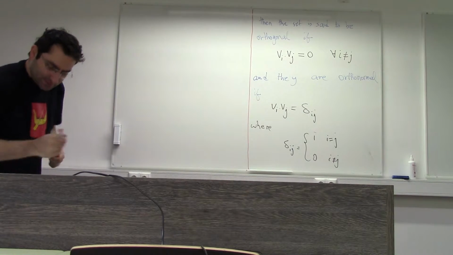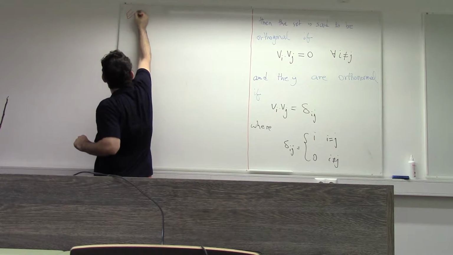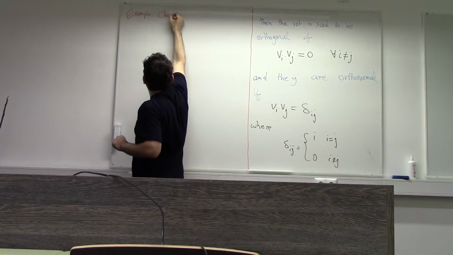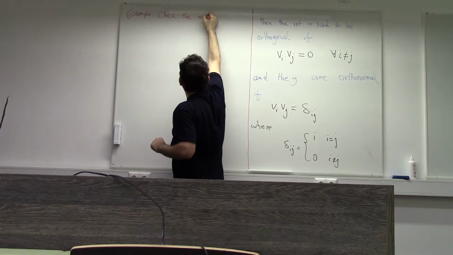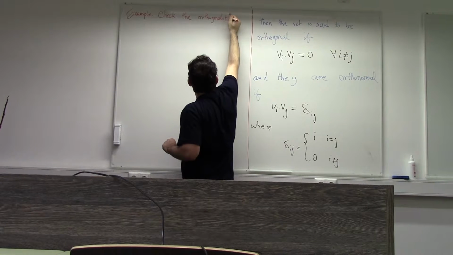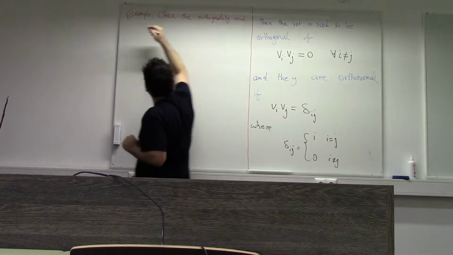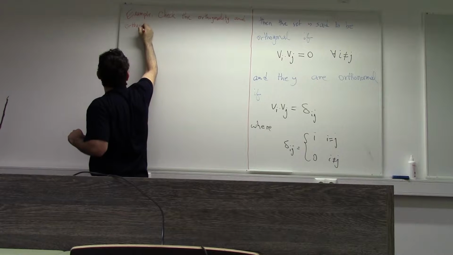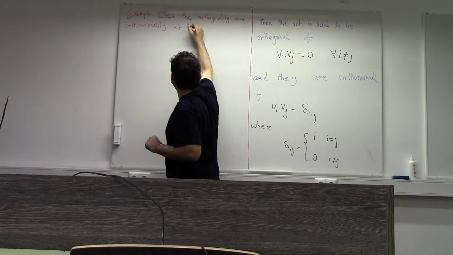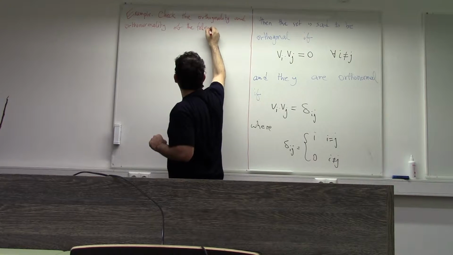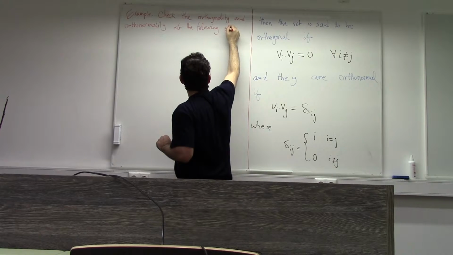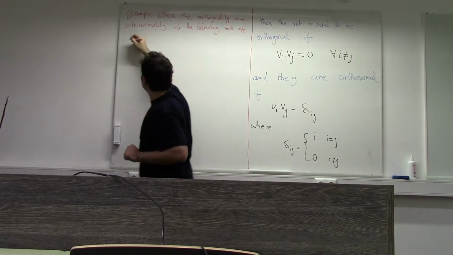So the example is: check the orthogonality and orthonormality of the following sets of vectors.